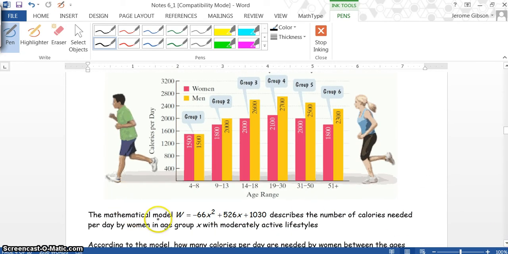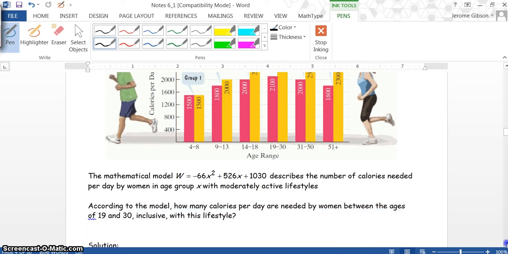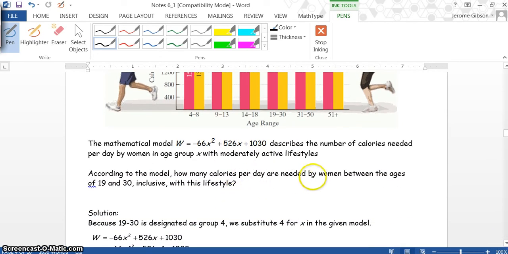Now, the mathematical model W equals negative 66x squared plus 526x plus 1030 describes the number of calories needed per day by women in age group x with moderately active lifestyles. According to the model, how many calories per day are needed by women between the ages of 19 and 30 inclusive with this lifestyle?